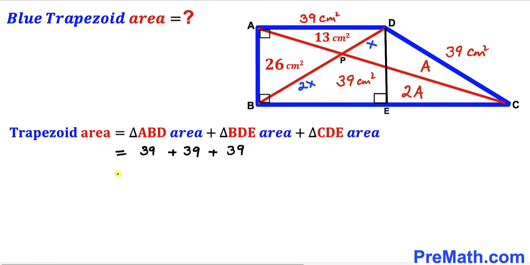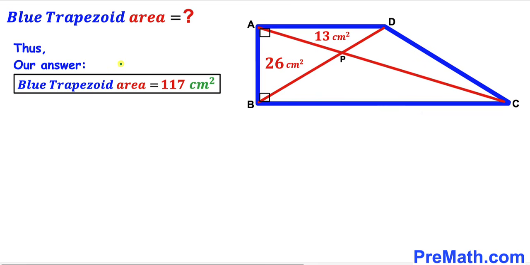If we add these constants, that is going to give us 117 centimeter square, the area of this blue trapezoid. So after all the calculations and manipulations, the area of this blue trapezoid ABCD turns out to be 117 centimeter square. And that's our final answer.